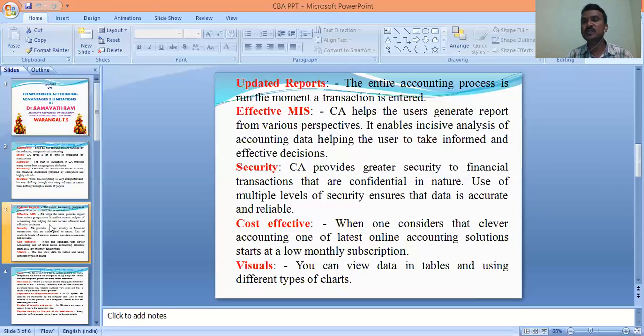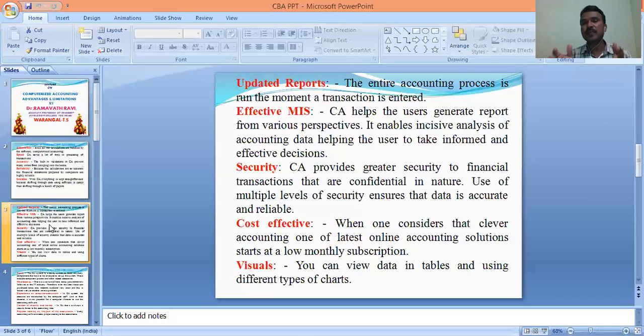The last one, visuals, is very important. Visuals means whatever statements we have prepared, based on those statements we can prepare different tables. By using computerized accounting, we can prepare different models and styles, either vertical style or horizontal style, every model according to the needs of management. And we can compare statements, like the last 5 years of sales data, one by one. Based on that, we can prepare different charts.